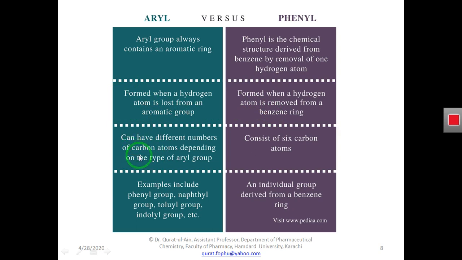Another difference is that an aryl group can have a different number of carbon atoms depending on its type, however a phenyl group always consists of 6 carbon atoms. Examples of aryl are phenyl group, methyl group, and toluene group. However, phenyl groups are the individual groups that are derived from a benzene ring.